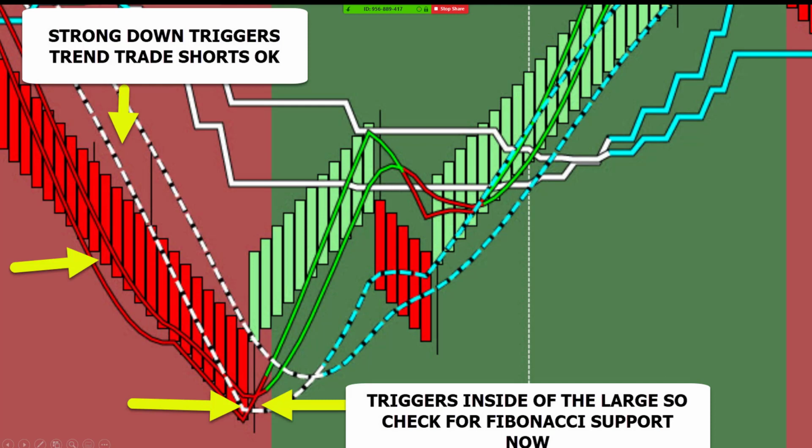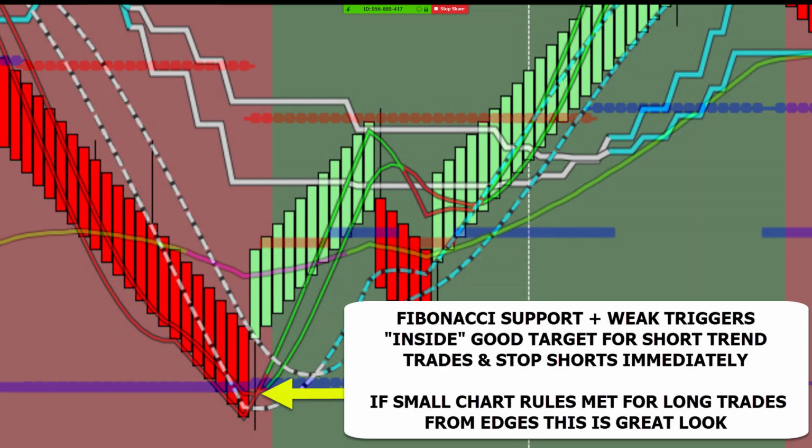And we'd use this same logic over and over. Strong trigger lines down below the other triggers, we will sell pullbacks to Fibonacci resistance. Then when the triggers get inside, we check for Fibonacci support. And again, look what happened.